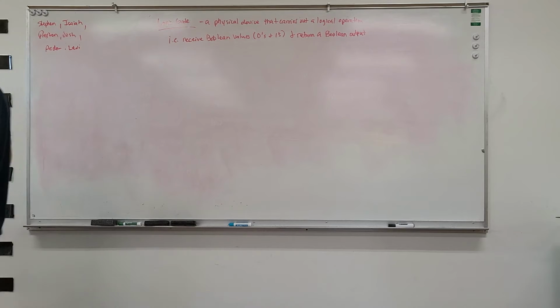When you're talking about electrical circuits, a 0 just means there's no current running through it. When you have a 1, it means that there is current.